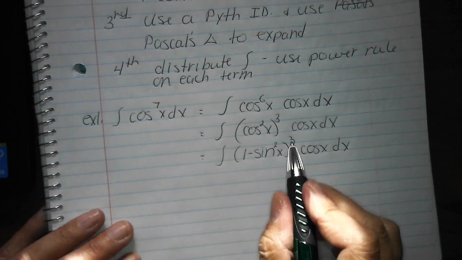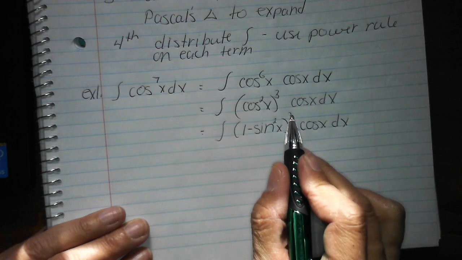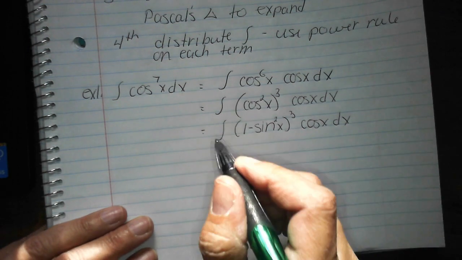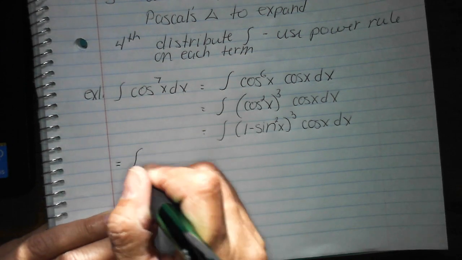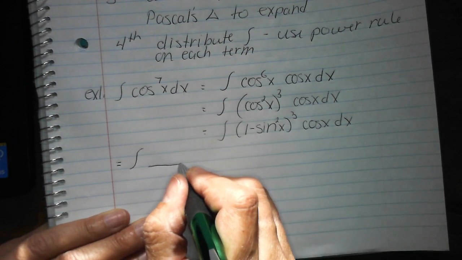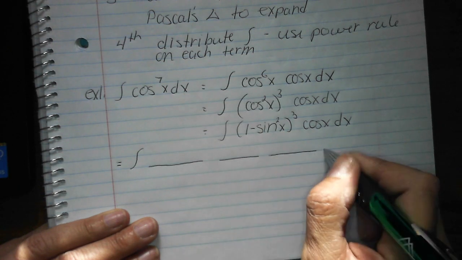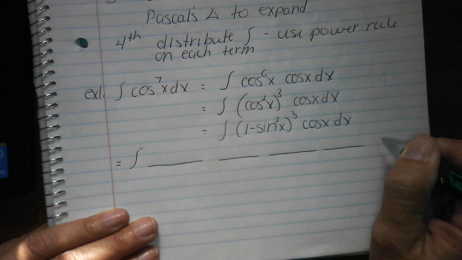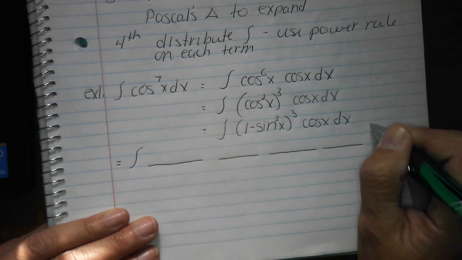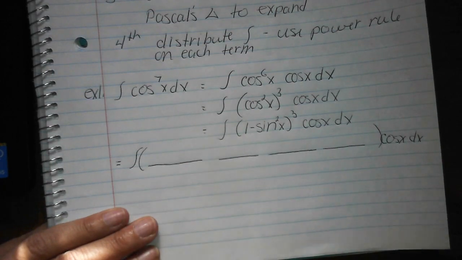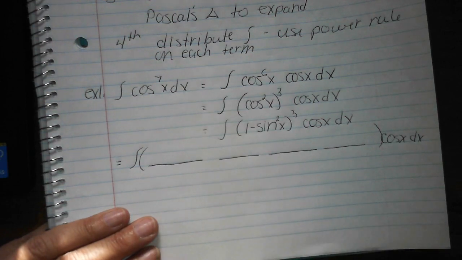Now we're going to use Pascal's to expand this binomial that's cubed. And remember, if it's cubed, it's going to have 4 terms. So I'm going to come back over here. It's going to get a little bit longer now. So my 4 terms: 1, 2, 3, 4. And I still have my cosine x dx that'll be multiplied by all of them. So the coefficients were 1, 3, 3, 1.